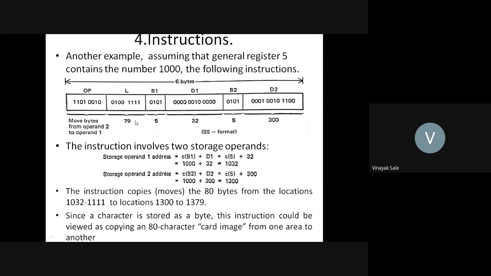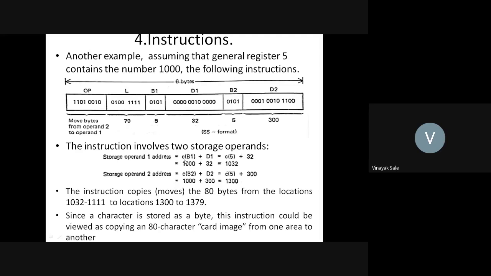So for storage operand 1, that is the contents at base 1 plus displacement 1, that is C of 5 plus 32. This is the formula.